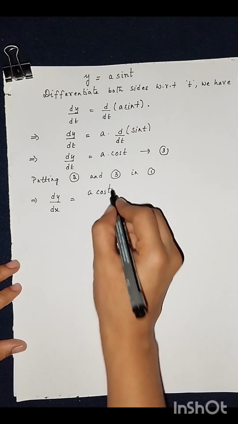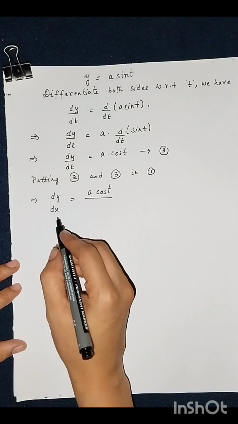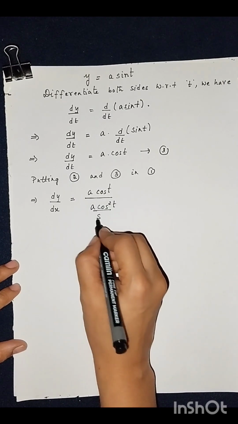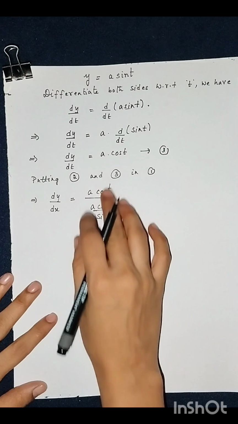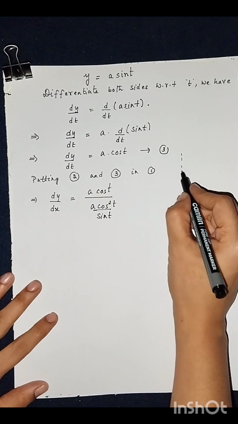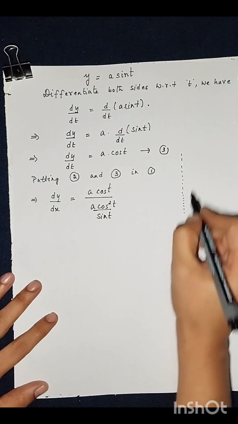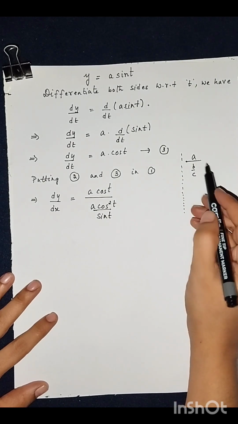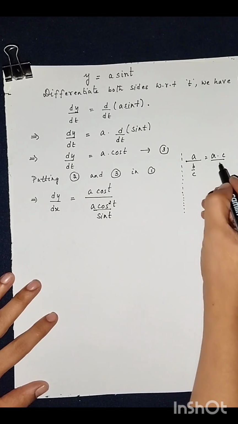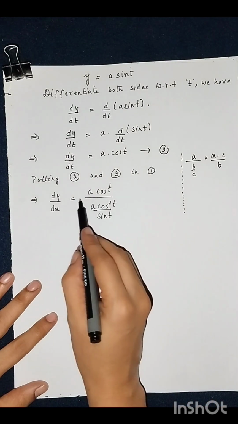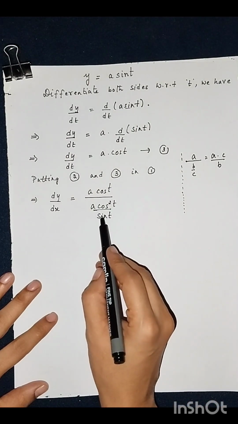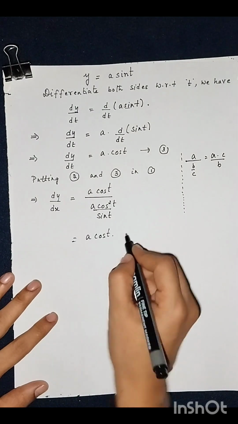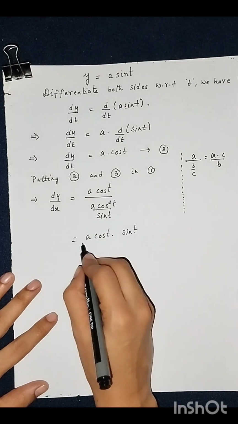So you will get a cos t, and dx by dt is a cos square t divided by sin t. Now how do we simplify this? So we have studied a complex fraction, right? A divided by b by c. So when you have this form, you will write a into c by b. So a divided by b by c, you will write a into c divided by b.